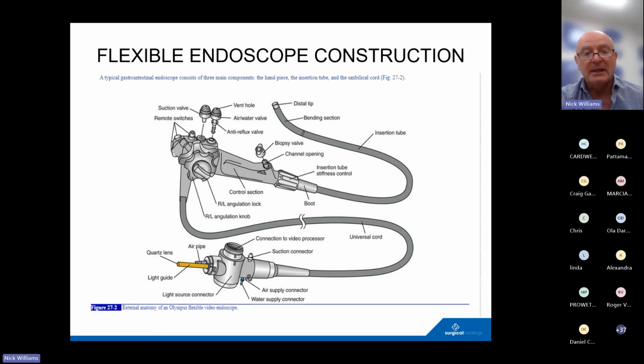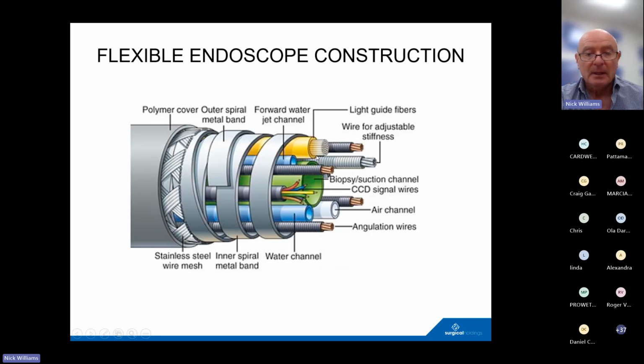As you can see, quite complicated design, and these are very complicated internally. And that's an example of the internal structure. So moving from the outside in, there's a polymer, and then following a stainless steel mesh and some inner bands. And those bands are actually very sophisticated and had a lot of development behind them.